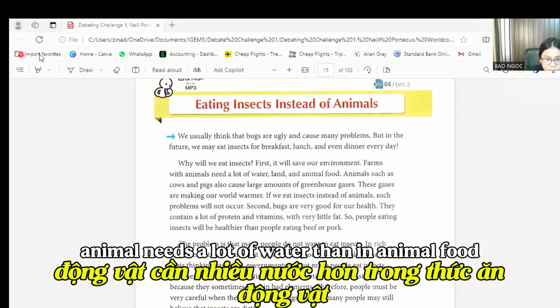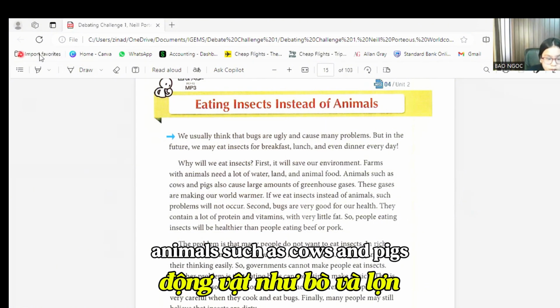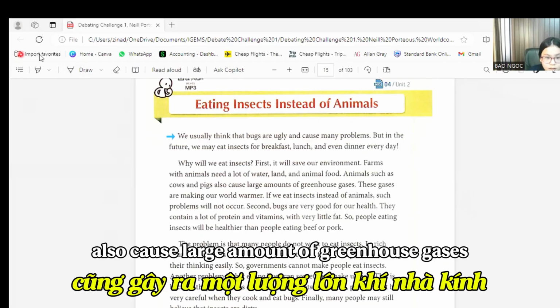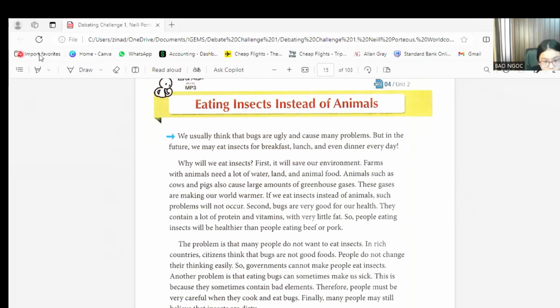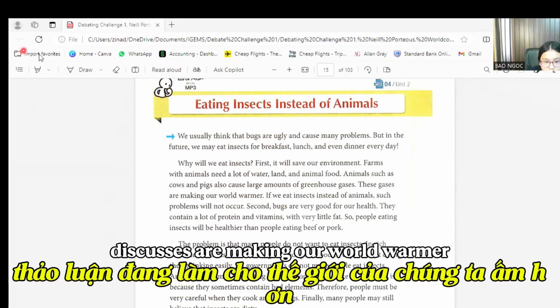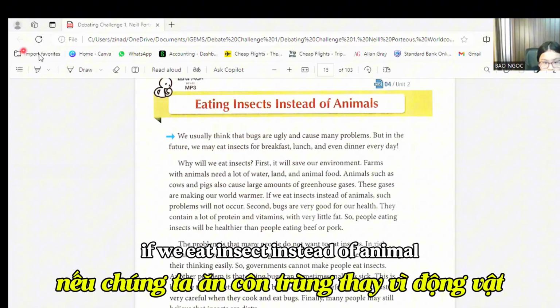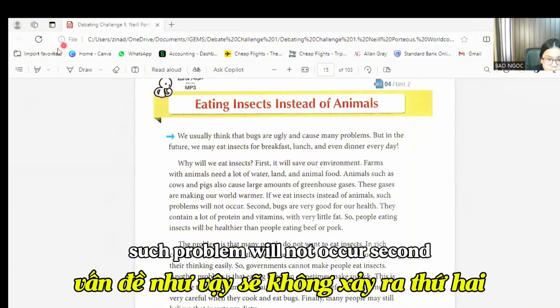Farming animals needs a lot of water, land, and animal food. Animals such as cows and pigs also cause large amounts of greenhouse gases. These gases are making our world warmer. If we eat insects instead of animals, such problems will not occur.